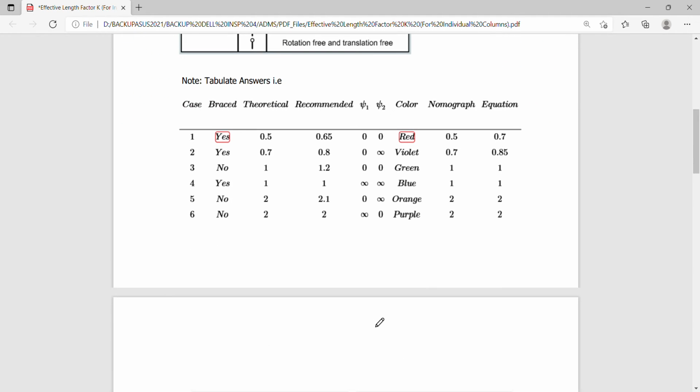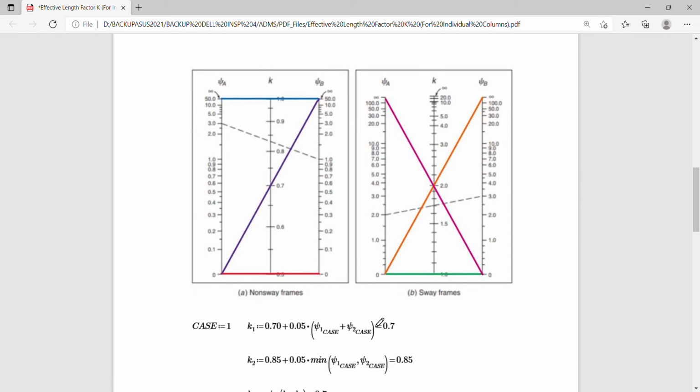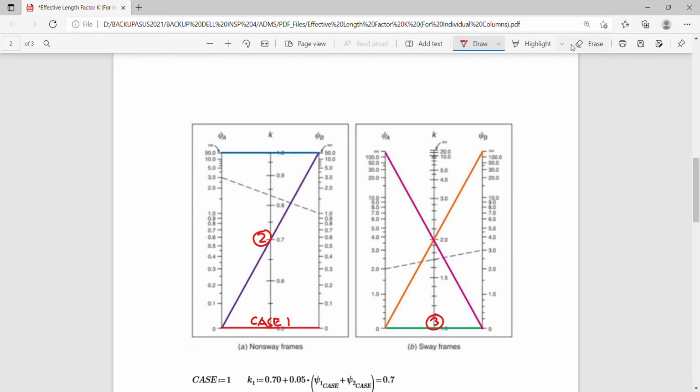So simply by using the nomograph, we can say that the red line here represents your case 1, then this violet color represents case 2, the green color represents case 3, the blue color represents case 4, the orange color represents case 5, and the purple color represents case 6.